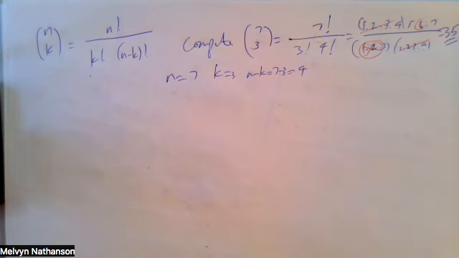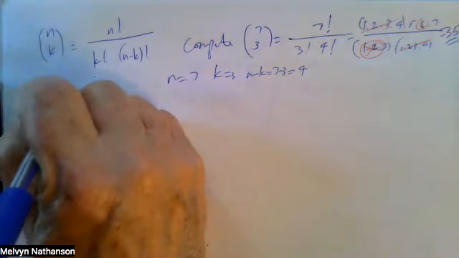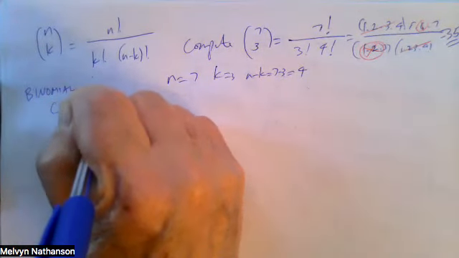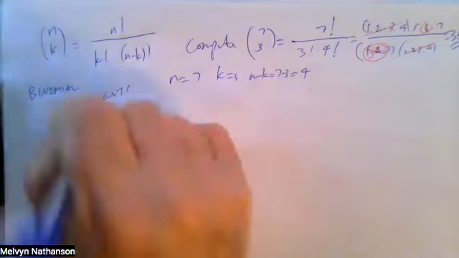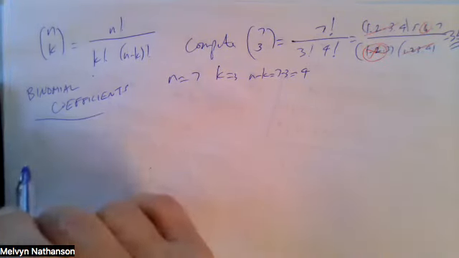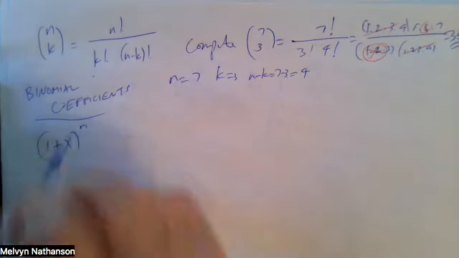And one reason why these numbers are called the binomial coefficients is because they come up when you expand the binomial 1 plus x to the power n.